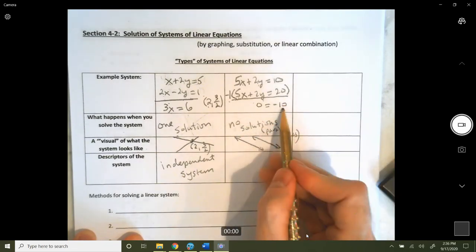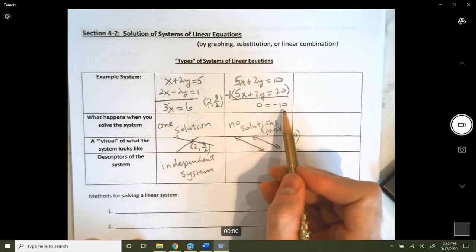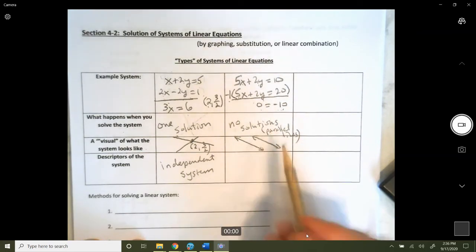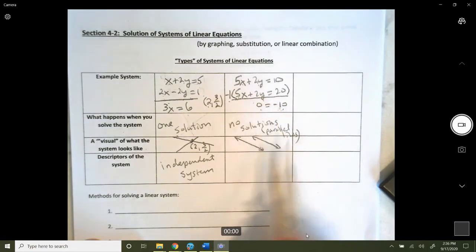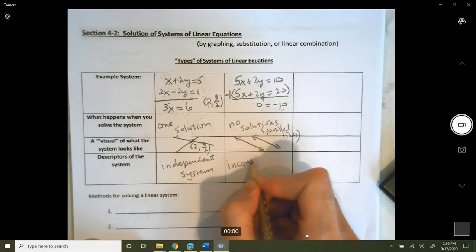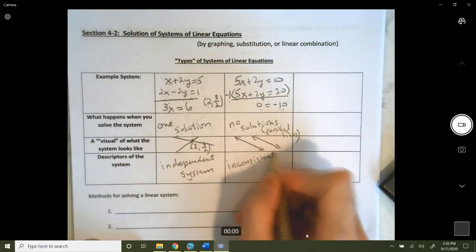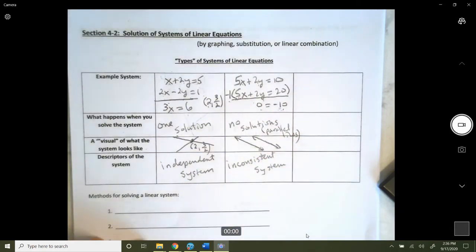So what happens is you get a statement that's not true. No matter what x and y are, this is not going to be true because there's no values of x and y that satisfy both of these equations. This is called an inconsistent system.